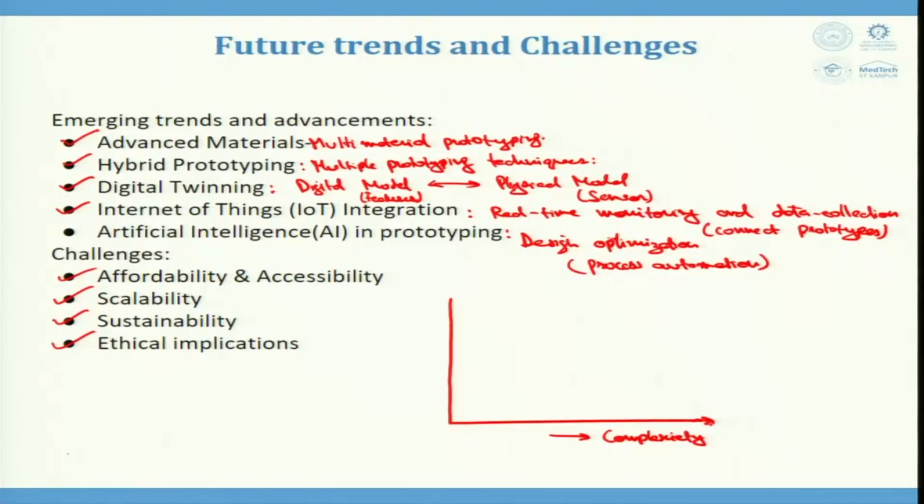And on the other axis I put the manufacturing cost of a product. Generally, conventional cost rises like this, that is, as the complexity increases, the conventional manufacturing cost, by which I mean subtractive manufacturing cost, rises in this direction.